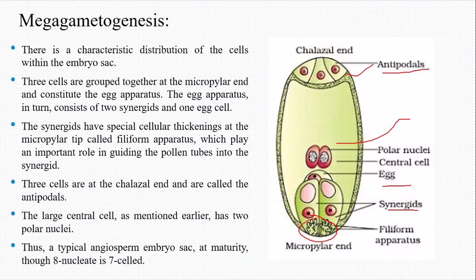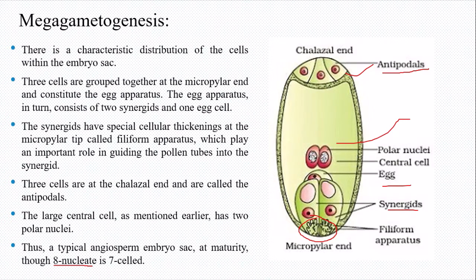If you count, there will be 3, 6, and 2, that is 8 nuclei in the embryo sac. But the cells will be 3 at the antipodals, 3 at the micropylar end including an egg, and one at the center of the embryo sac, as these nuclei have fused and cytokinesis, the formation of a cell wall around them, has taken place.